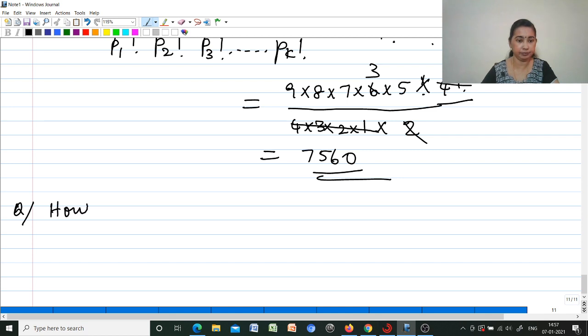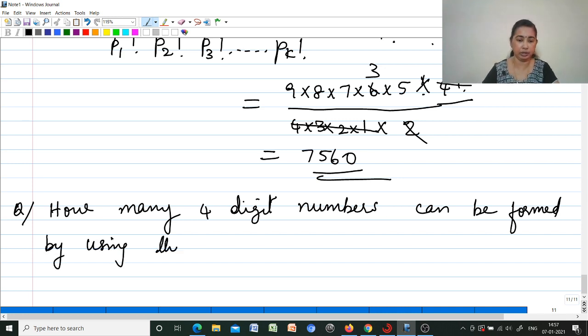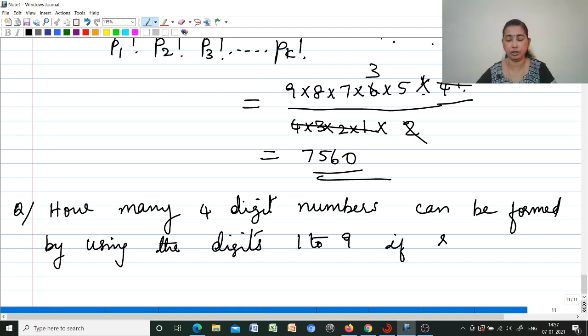How many 4-digit numbers can be formed by using the digits 1 to 9 if repetition of digits is not allowed?